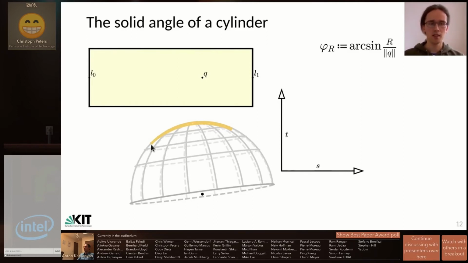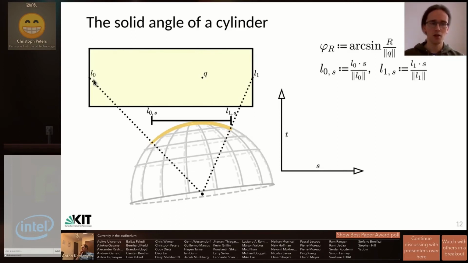Then we can characterize the extent along the s-axis of our solid angle by taking the two endpoints, normalizing these vectors, and then computing their s-coordinates. So this is how we get the extent along the s-axis. It's not quite accurate for the cylinder because we are missing a few bits here and here. However, since we eventually take the radius to 0 in the limit, that doesn't concern us.